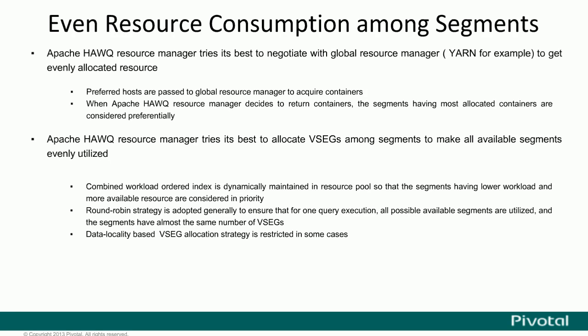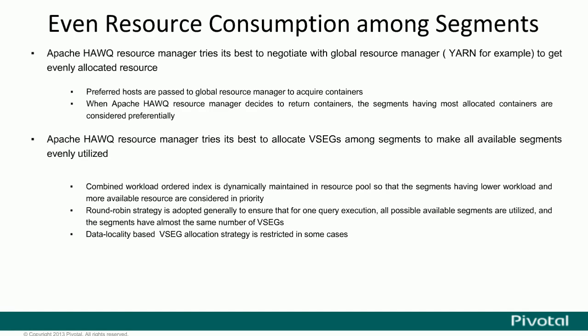Hawk is an MPP system, so the speed of any query depends on the slowest node. So we really depend on all the nodes performing at pretty close to the same speed to get an optimally performing cluster. So it will go out and try to get the same number of containers across all the nodes.